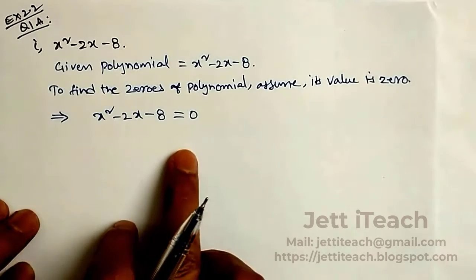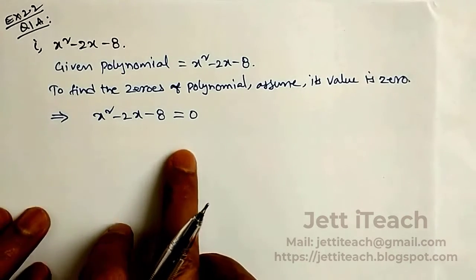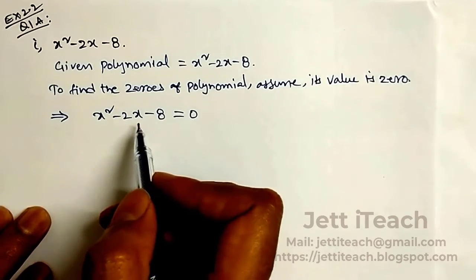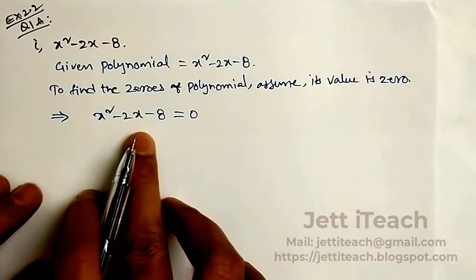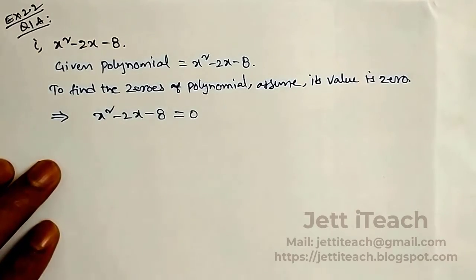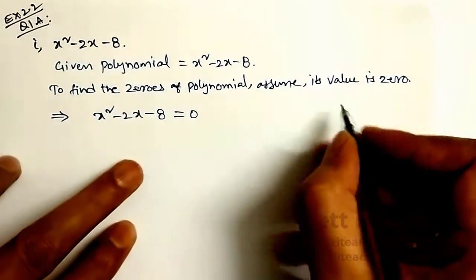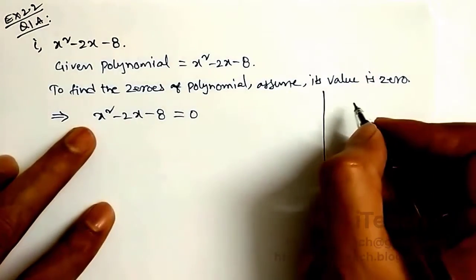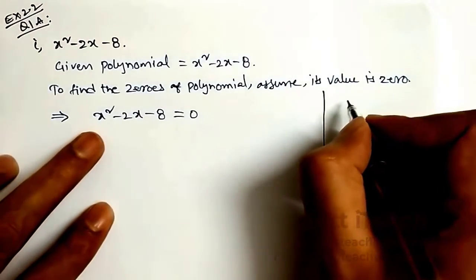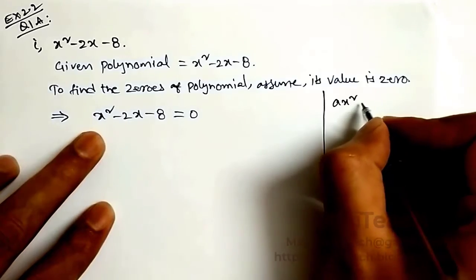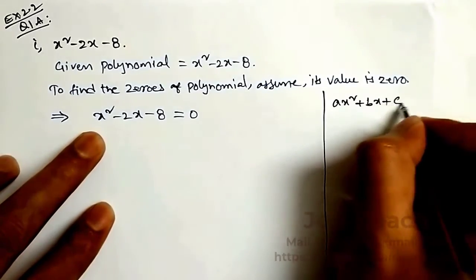Here we need to write 2x in two terms. I will tell you how you need to split this term. The general form of a quadratic polynomial is ax square plus bx plus c.